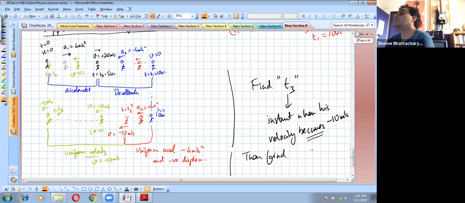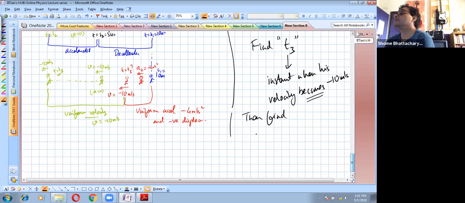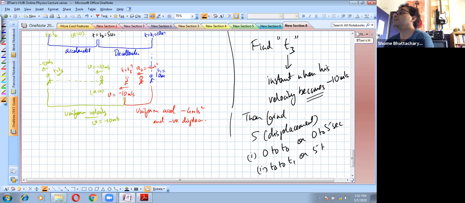You find that t3, and then find the displacement in these 3 parts. Find the displacement from 0 to t0, or 0 to 5 seconds. Then from t0 to t1, that is from 5 to 10 seconds.